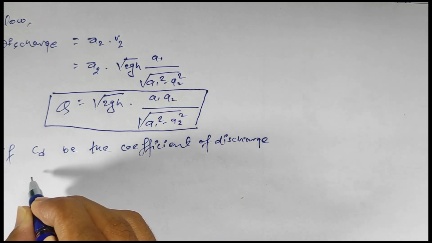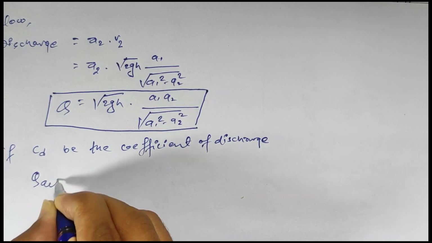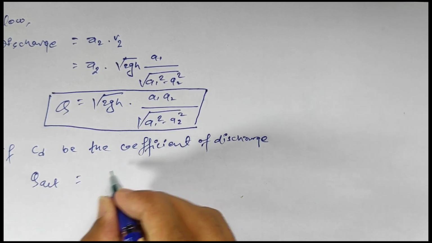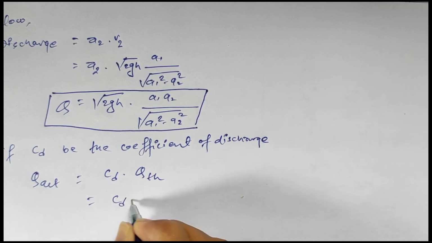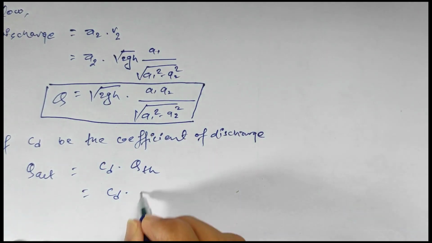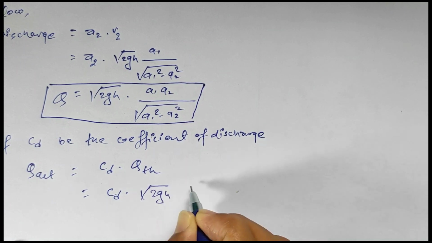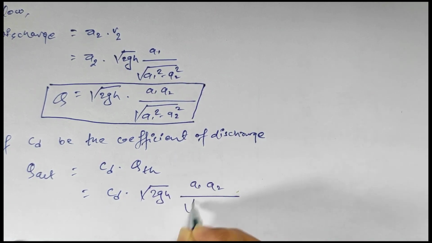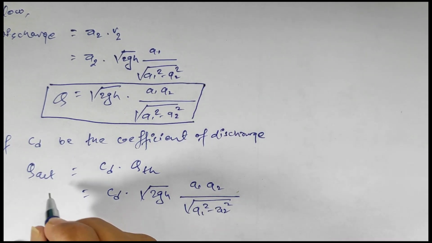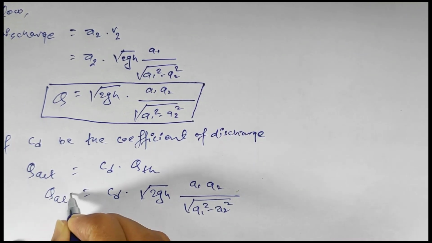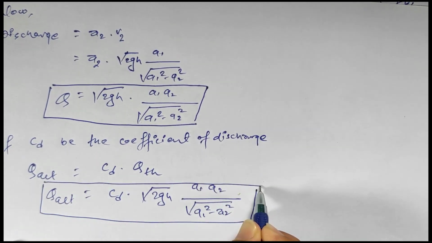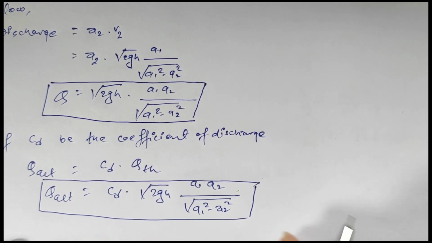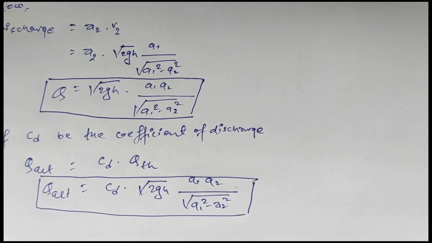So, the actual discharge will be Cd times theoretical discharge, that is Cd times root 2gH A1 A2 by root under A1 square minus A2 square. So, this is the actual expression for the Venturimeter to calculate the discharge in a pipe.